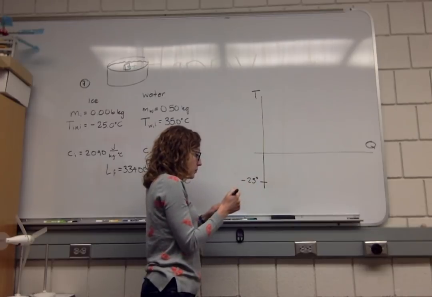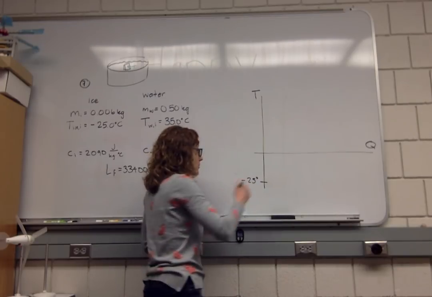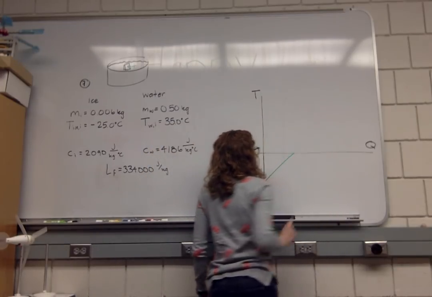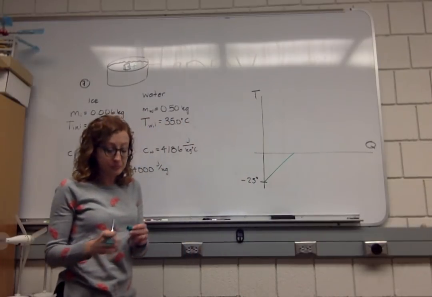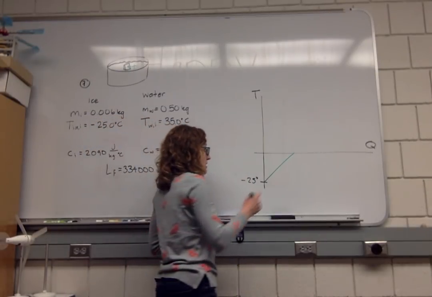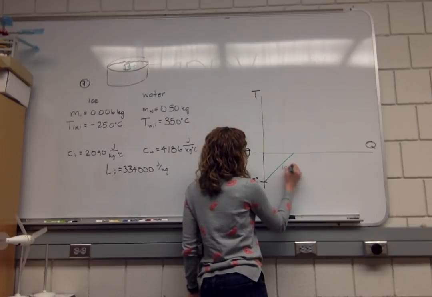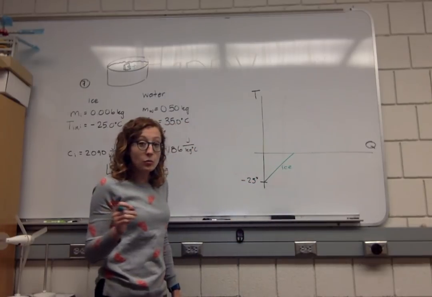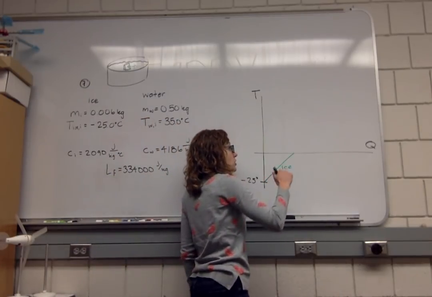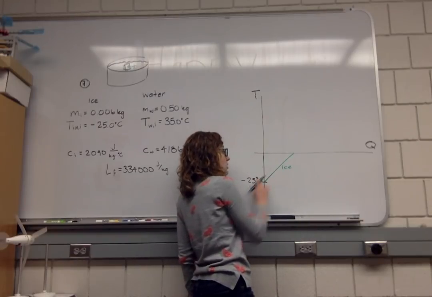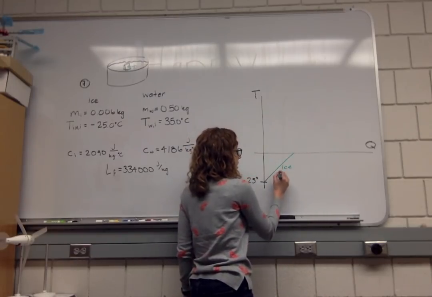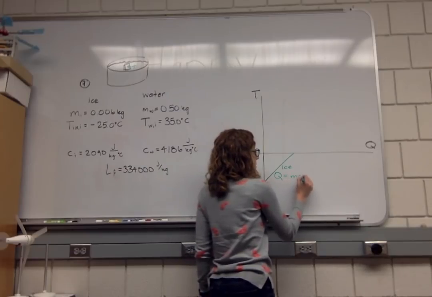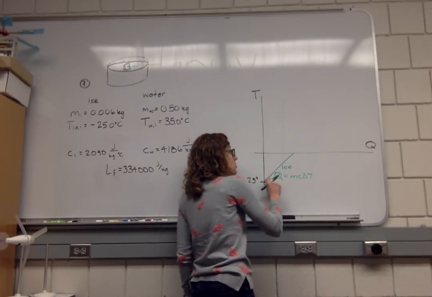So when we start inputting energy thermally, what's happening is initially its temperature is going to increase. The way it does that, and it stays ice at this stage, and the way that we're going to determine how much energy we need to put into it to raise it up to its freezing point is using Q equals mc delta T. So that's what we're going to use for this stage.